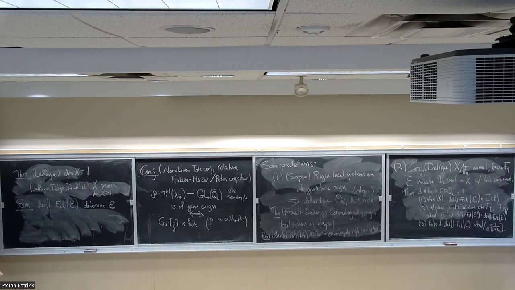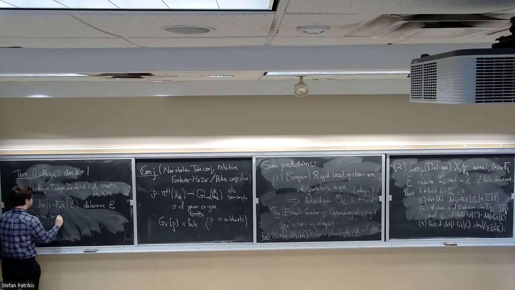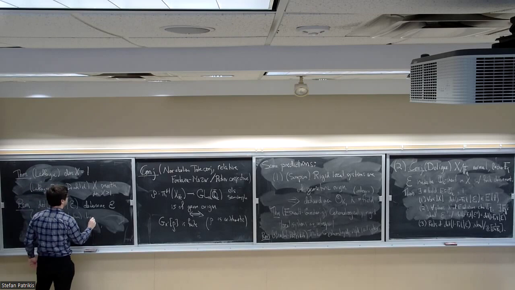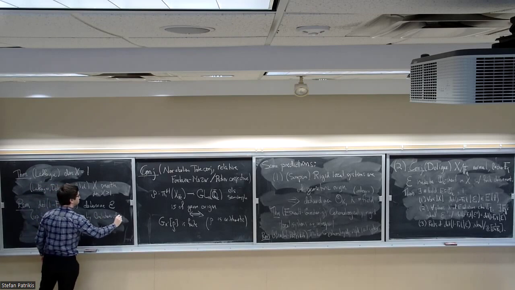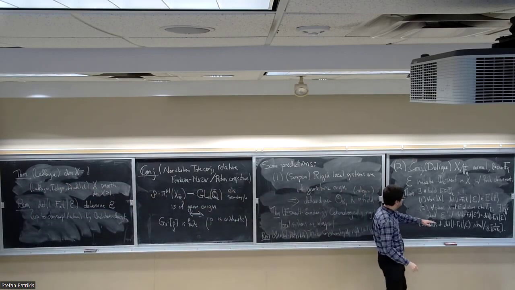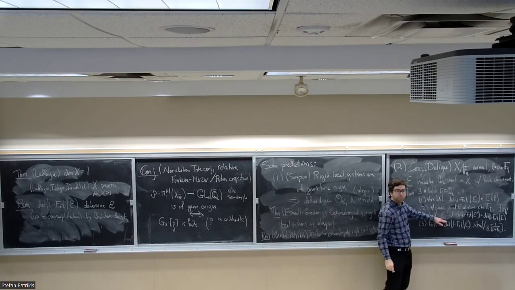Because I said E is irreducible, maybe let me say in general up to semi-simplification. And this is by the Chebotarev density theorem. So somehow this condition 2 here is going to pin down at most one E prime.